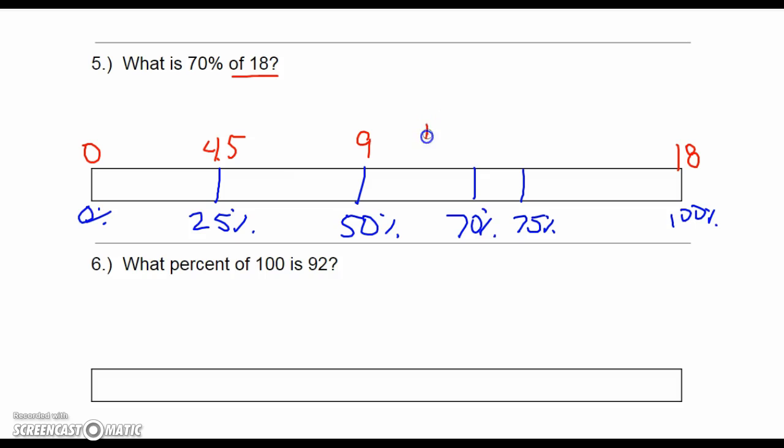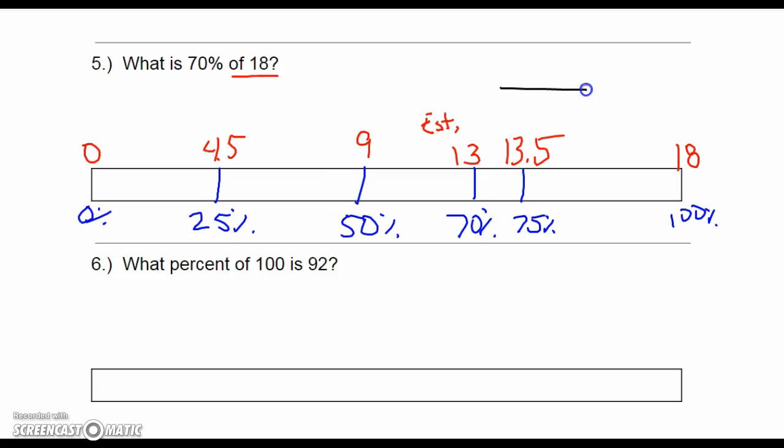So 9 plus 4.5 would give me 13.5. So 75% is 13.5. I'm going to estimate that 70% is probably about 13. That's going to be my estimate.